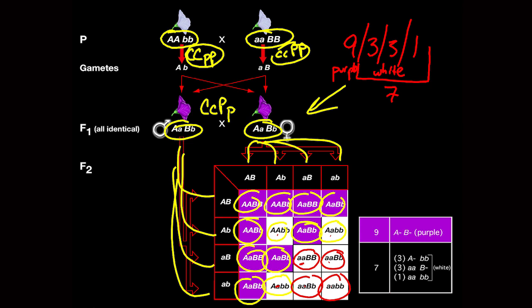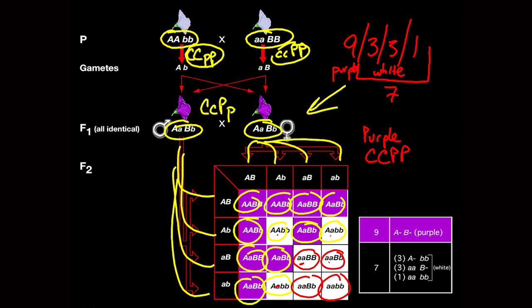Now, there are a variety of types of questions that could be asked in this situation, and you saw one of them. Don't make the mistake of thinking that you could have a purple pure breeding line. If you had a purple pure breeding line, I hope you can see that it would have to be like this, because all the offspring would always have two big C's and two big P's all the time.